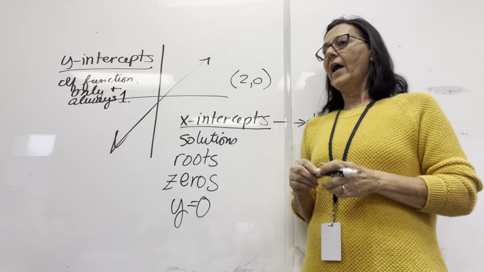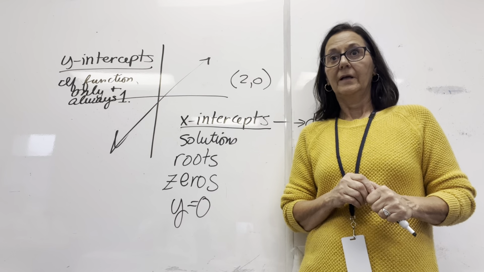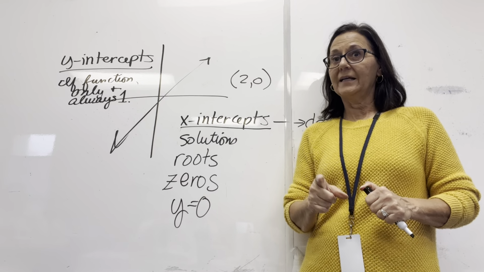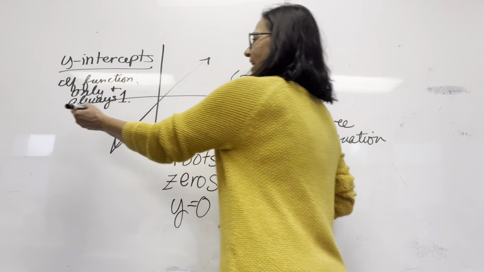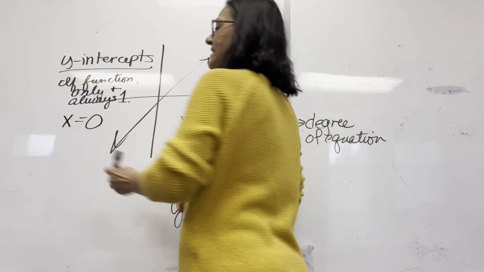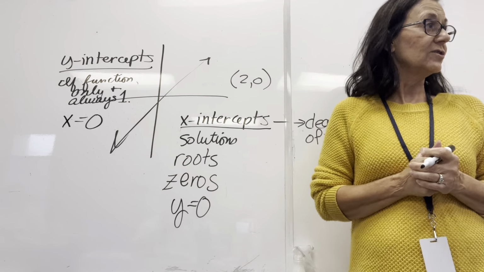What is the value of x for our y-intercepts? Undefined. It's not undefined, I was joking. It's 0. Yes. The value of x is 0 when we have a y-intercept.